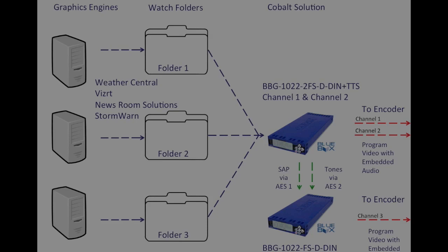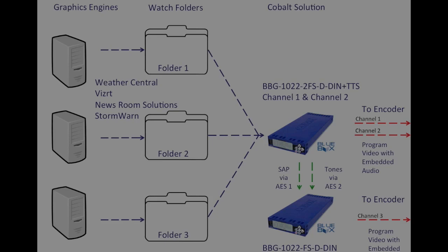These watch folders will then give their information to the BBG 1022s, which is the Cobalt Digital solution, and that will then aggregate all the data together and produce a text-to-speech audio that'll be embedded on your SAP channels.